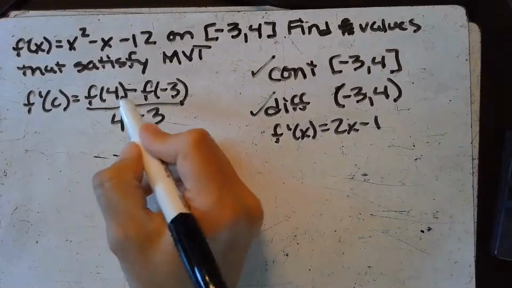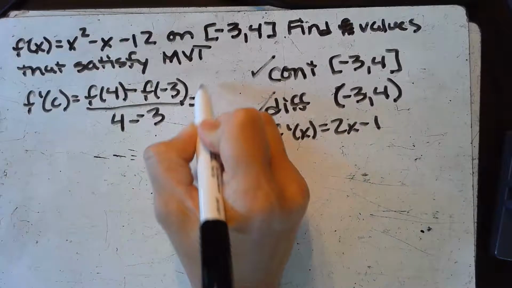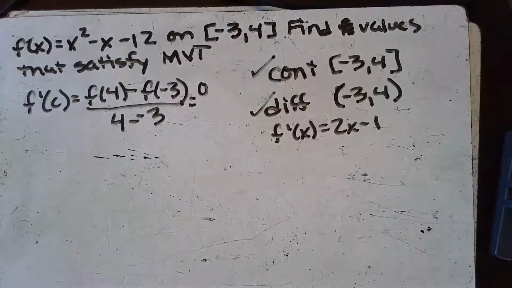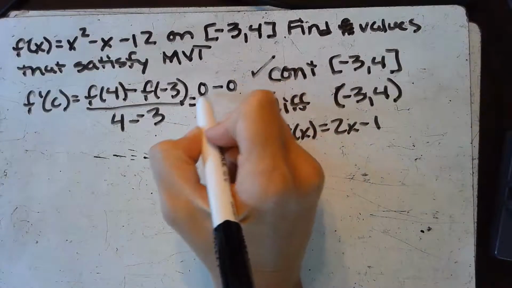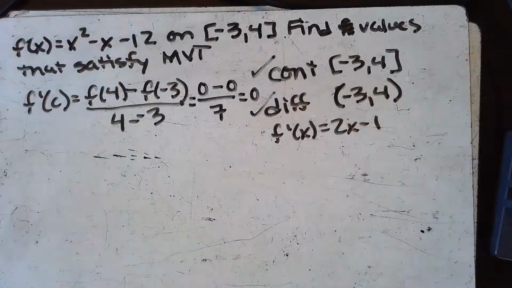Okay, so on this one, f of 4, if I plug it in, I get 0. And then here, if I plug in f of -3, I also get 0. So this is 7 down here, but it equals 0. So this time, it's when the slope equals 0.